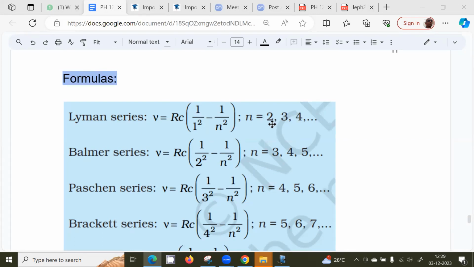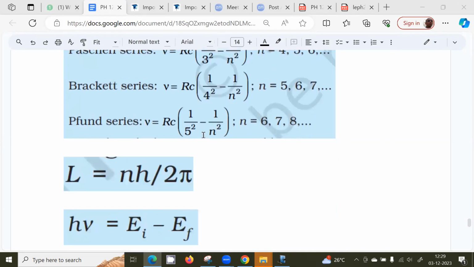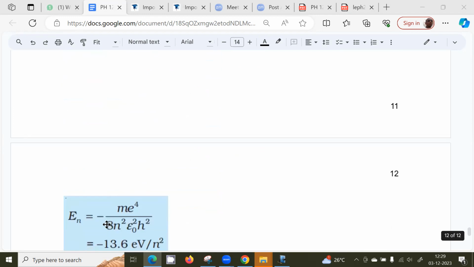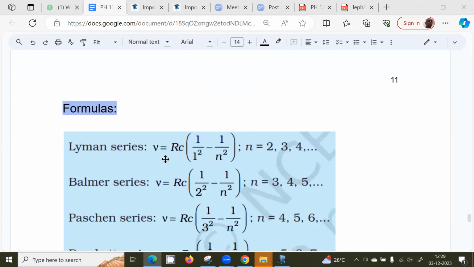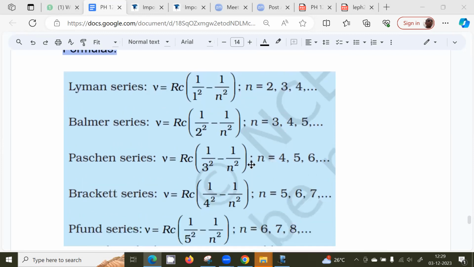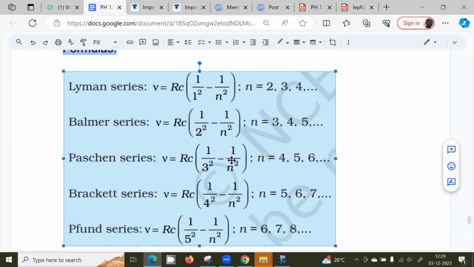The difference between those two energy levels, say E3 minus E2, I can get from this formula. That I put equal to h into nu, then divide by h on this side, and I'll get this formula. Is it clear? So this formula is basically the energy formula, and the difference in the energy will give me the photon of energy h nu.